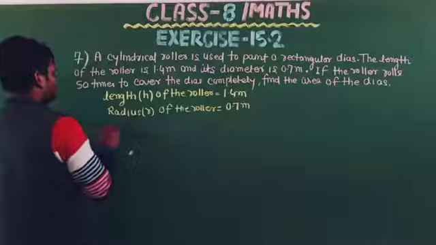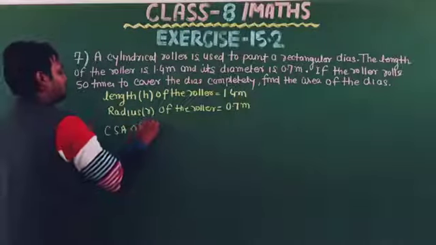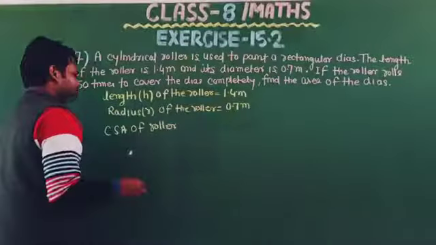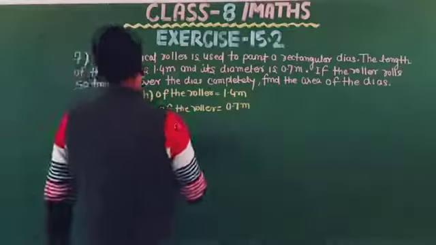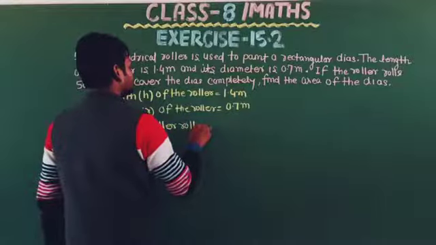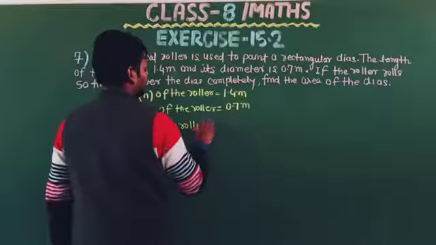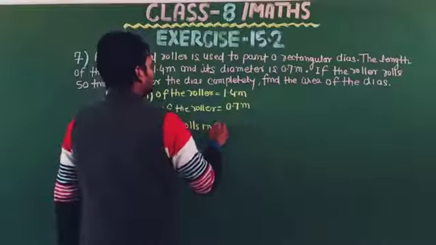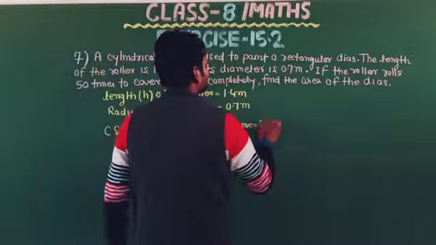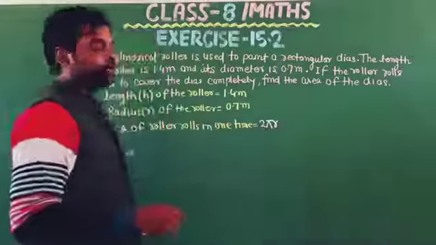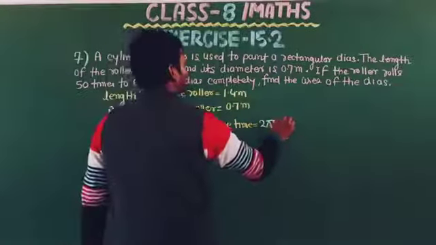Therefore CSA, curved surface area of the roller rolls in 1 time, is equal to 2 pi r h.